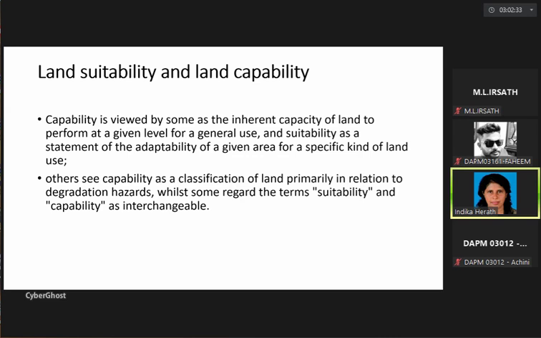Capability is viewed by some as especially by looking at the inherent properties. Inherent means that's there from their parents as well. That means in the past, that is gradually built up.